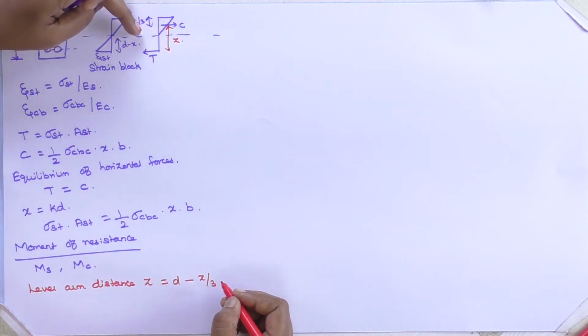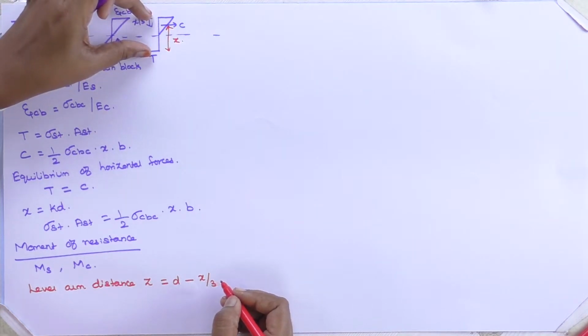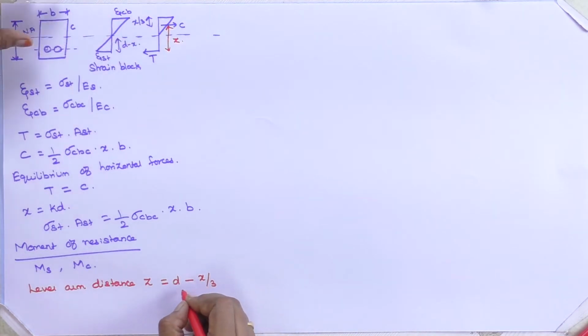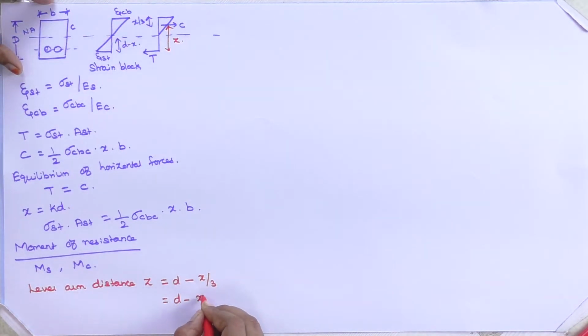Here this distance, this is the depth, total depth small d, that is your effective depth, minus X by 3. So here we can call it as D minus X, we can write it as KD divided by 3.